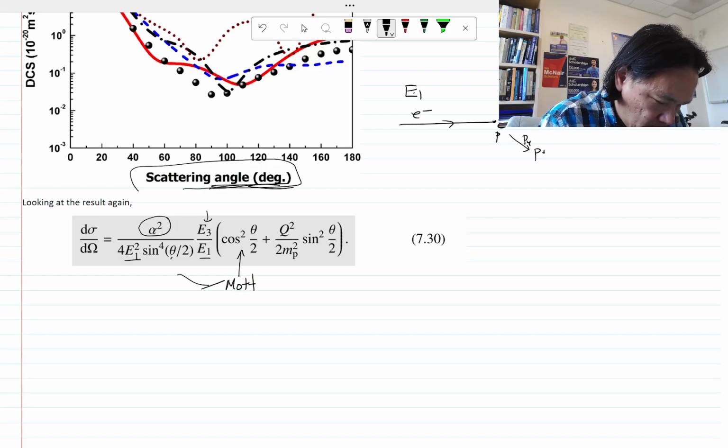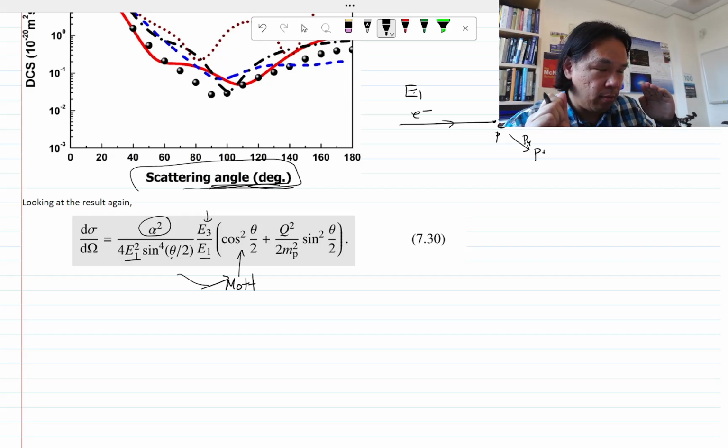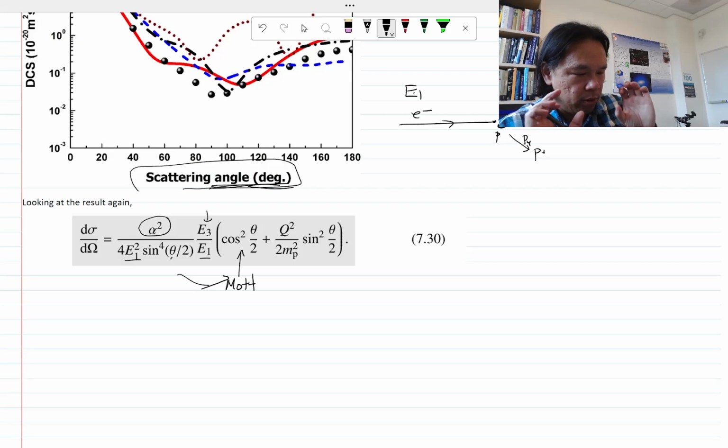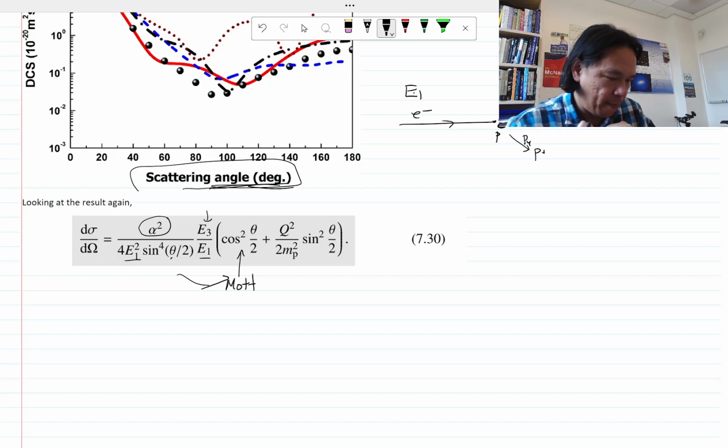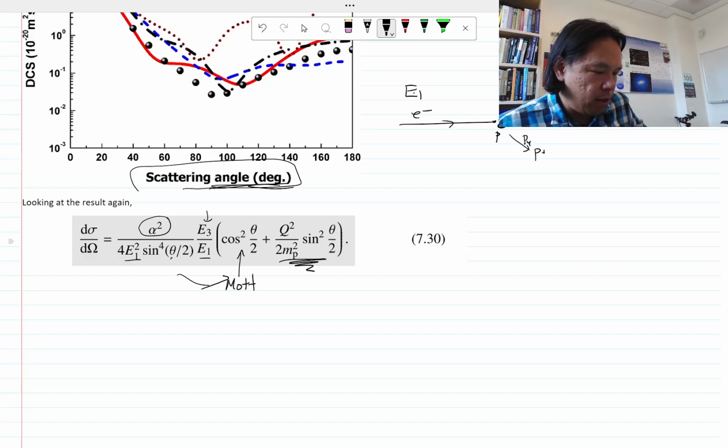Remember, in the Mott scattering we are modeling the collision as just point particles, and the recoil of the proton is negligible. But then you have this additional term here. This is different now.